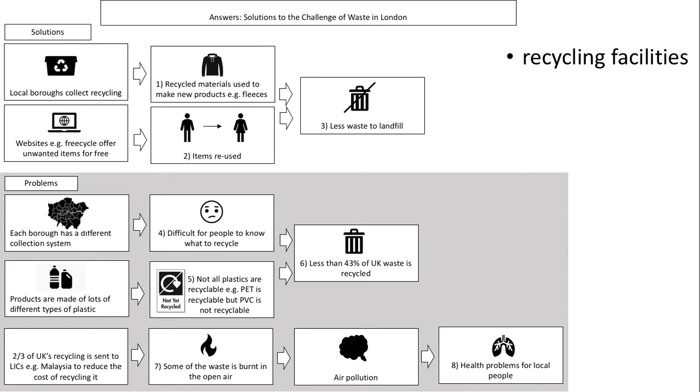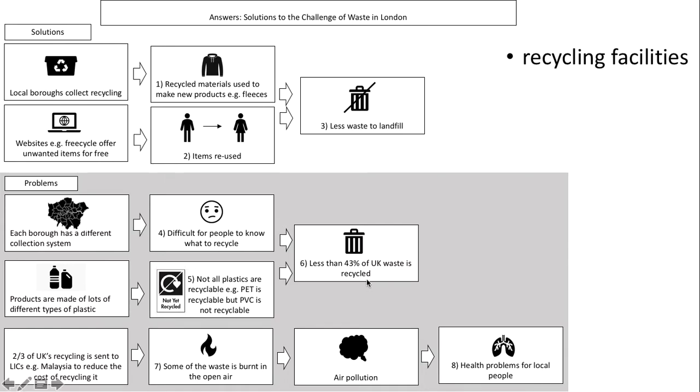What if I wanted to talk about the problems of recycling and link it to the greenhouse development? Well, the fact that every borough in London has a different collection system, well, that's not relevant to the greenhouse development. But the fact that lots of products are made from different types of plastic is. So even though people in the greenhouse regeneration scheme are recycling, it's difficult for them to recycle all plastics because not all plastics are recyclable.